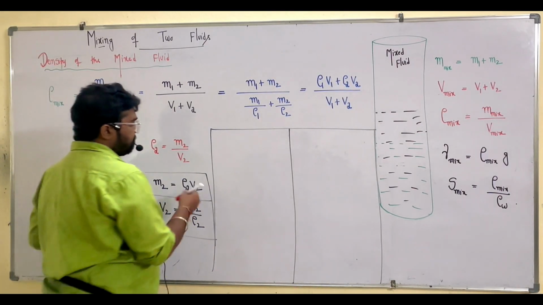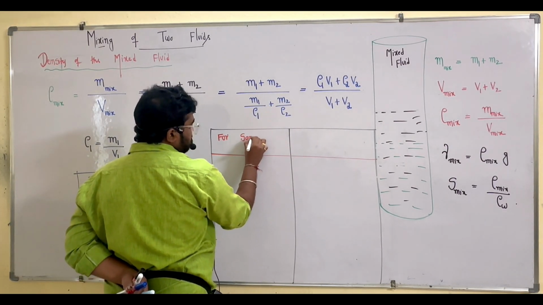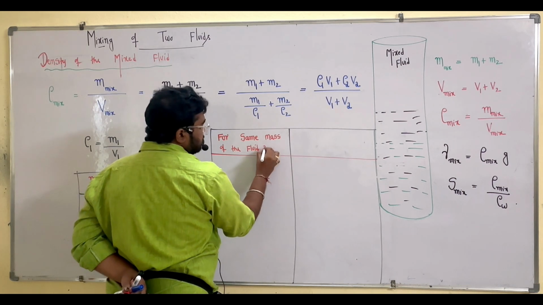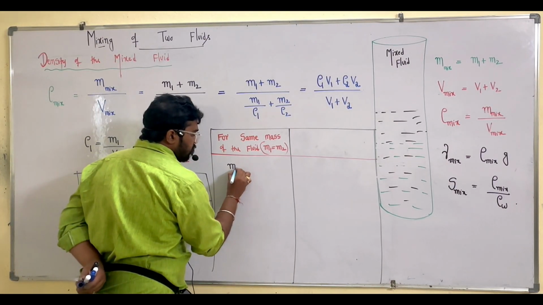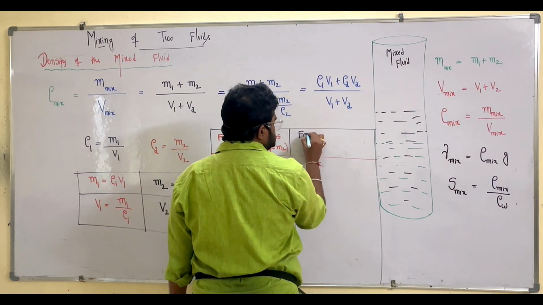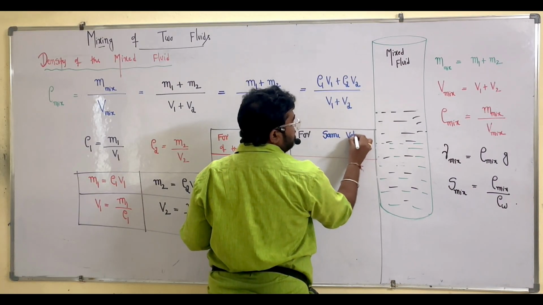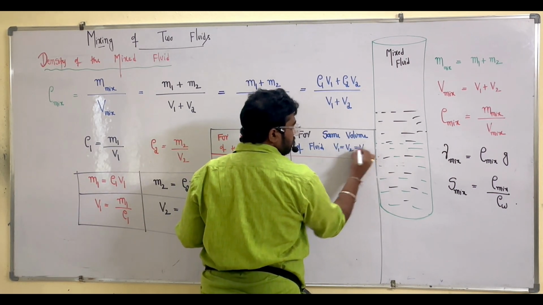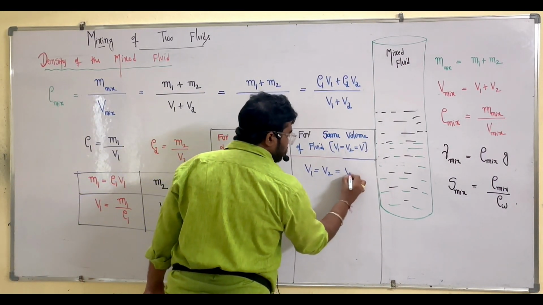Case 1: same mass of the fluids, that is M1 equal to M2 equal to M. Next, case 2: same volume of the fluids condition, V1 equal to V2 equal to V.